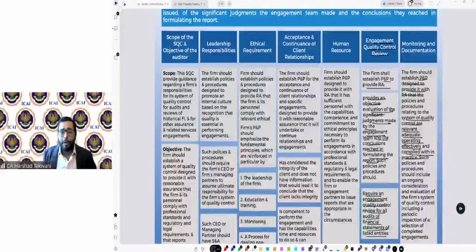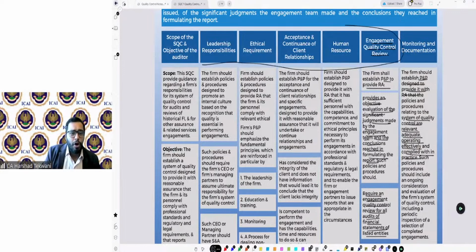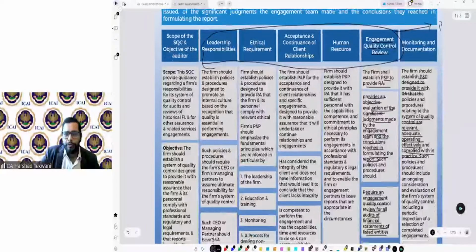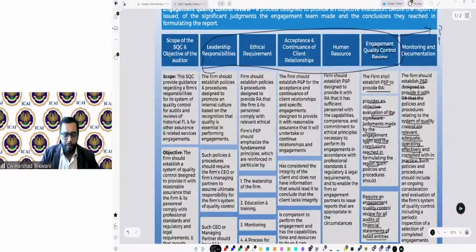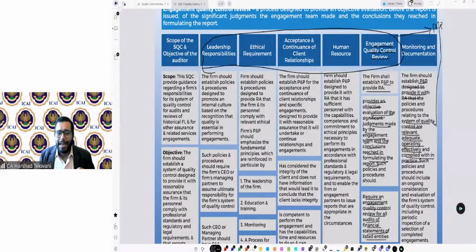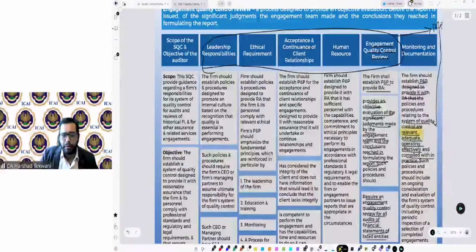Now, which are these policies and procedures? All the policies and procedures that we have discussed till now. All these policies and procedures should be relevant, adequate, operating effectively, and complied with in practice.